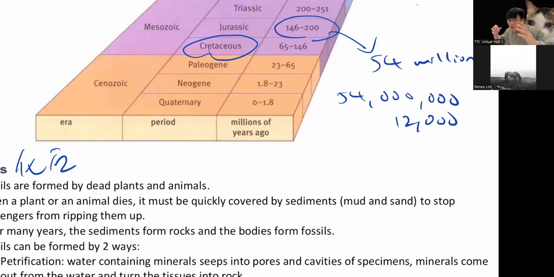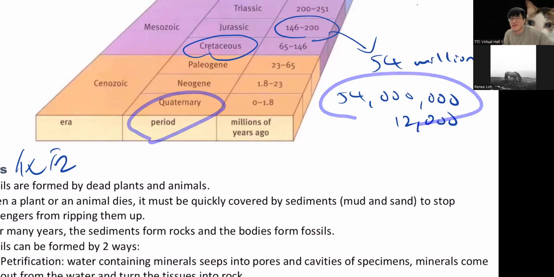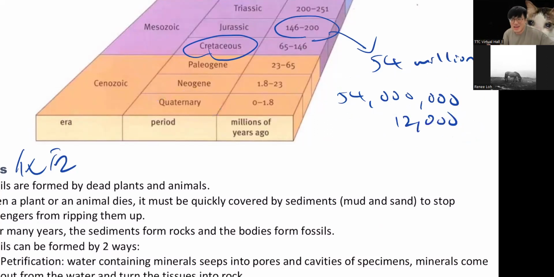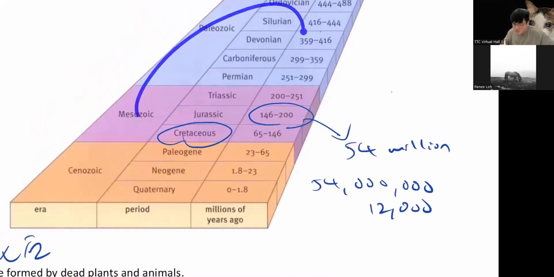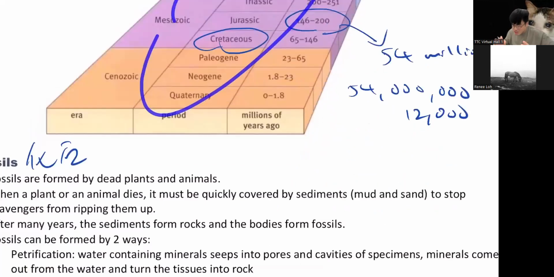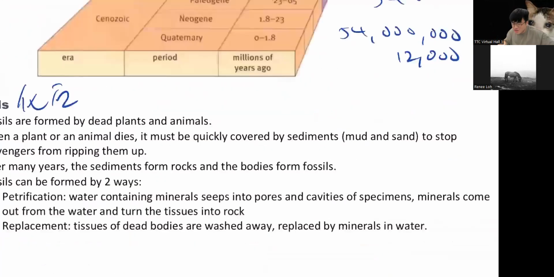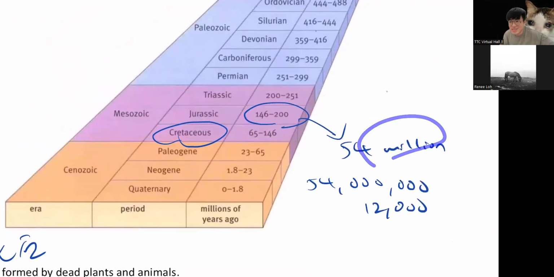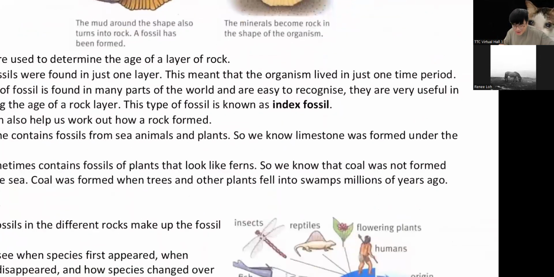For us, 12,000 years is a very long time. But for a period, that's like barely a percent, like 0.0 something percent. Very short time. So this is why, like I said, for stones a million years is a very short time. All right.